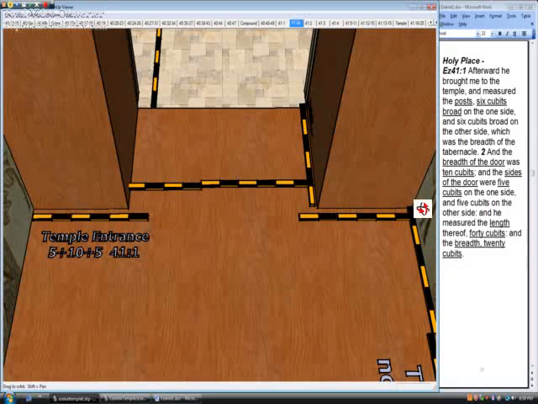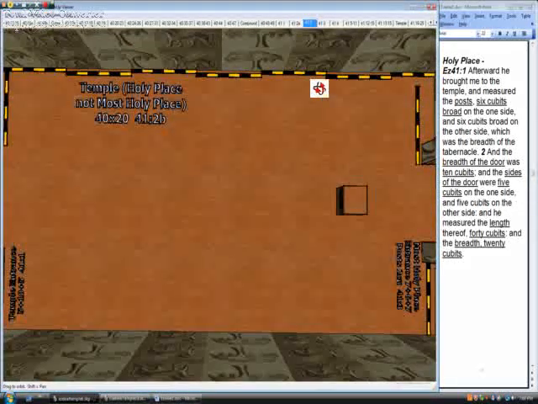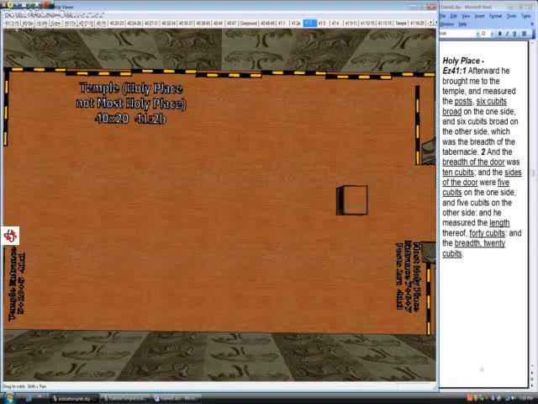So here we see 5 on each side, because the 6 by 6 post goes in 1 cubit into the wall, and a 10 cubit door. And the whole room of the holy place is two 20 by 20 cubit square areas. In other words, 40 cubits by 20 cubits.